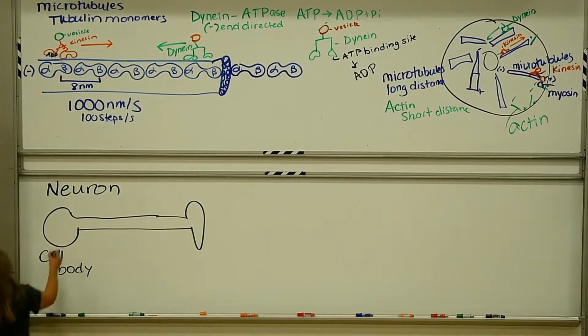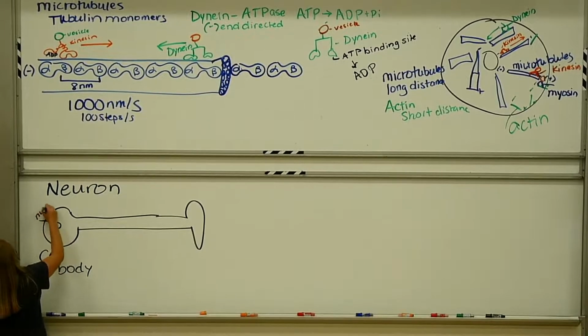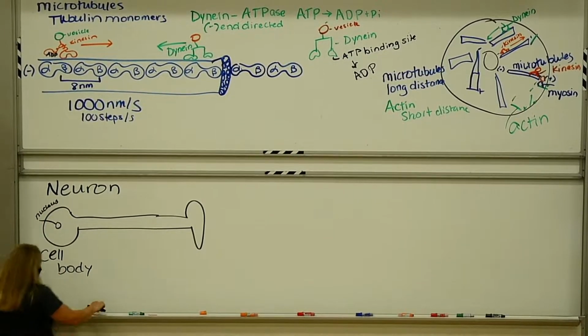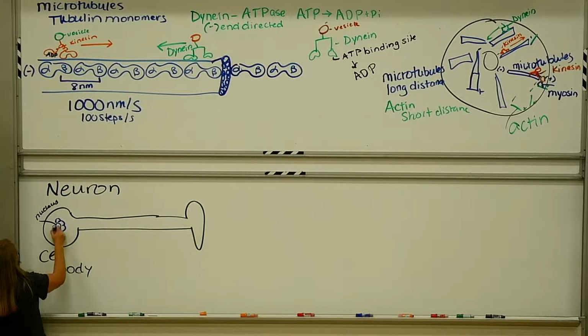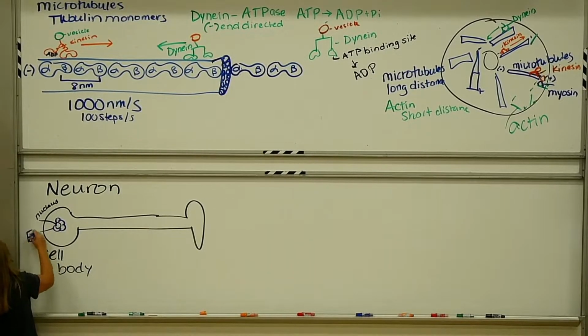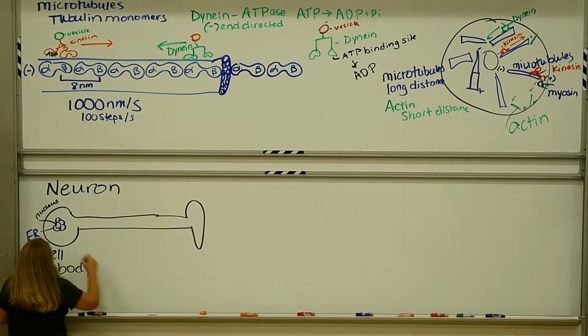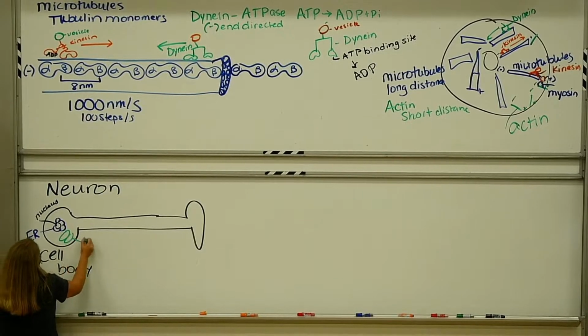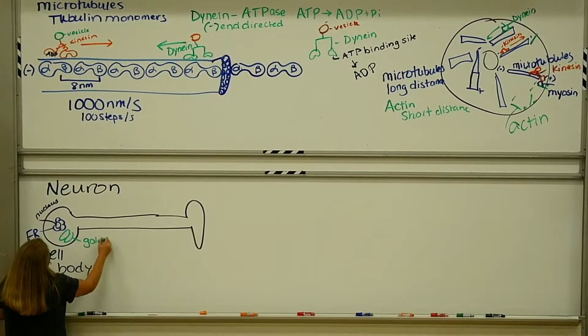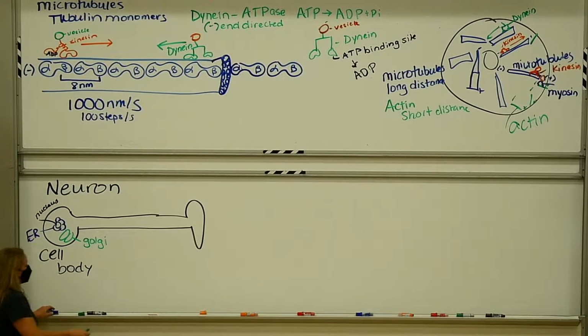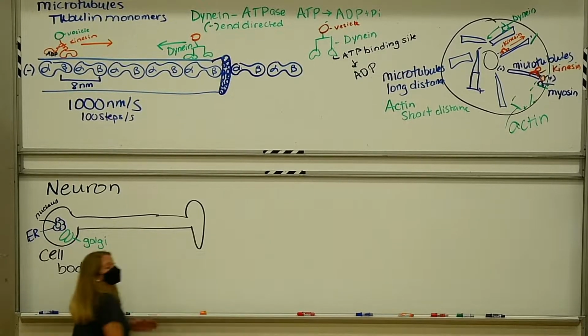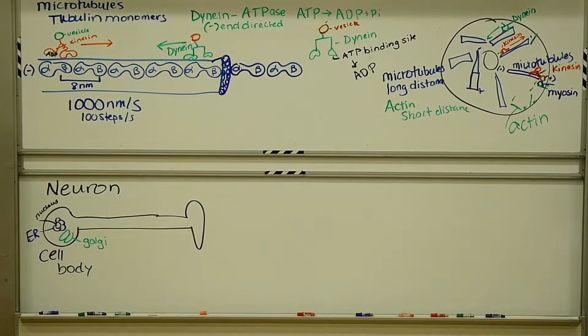This is going to have your nucleus. It will have your endoplasmic reticulum, Golgi apparatus, it'll have ribosomes. Basically, it will have all of the protein synthesis machinery that it needs to make proteins here.